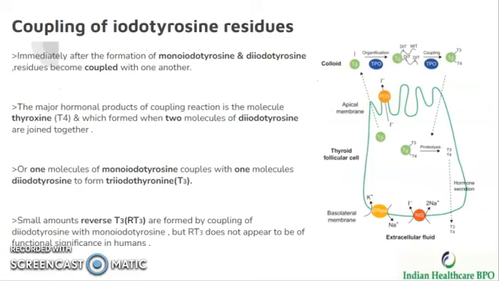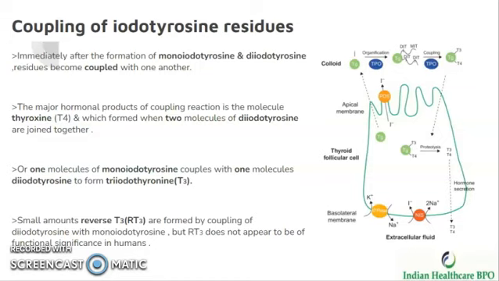Then another step, which is coupling of iodotyrosine residues. Immediately after the formation of monoiodotyrosine and diiodotyrosine, the residues become coupled with one another.